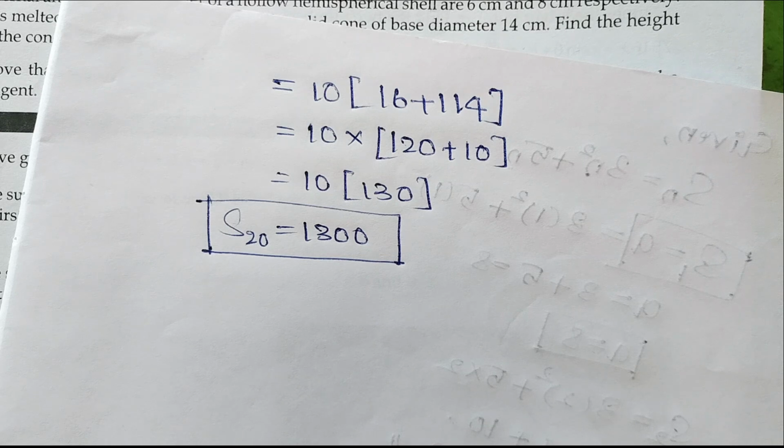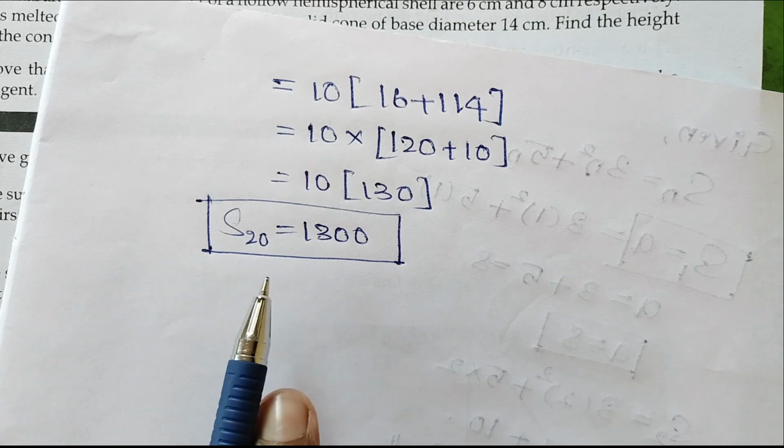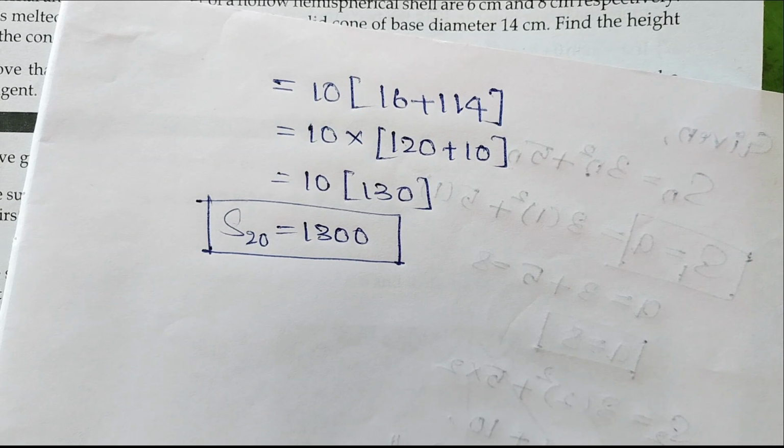This is the answer. Sum of first 20 terms is 1300.